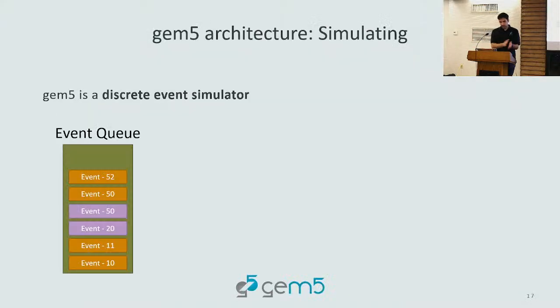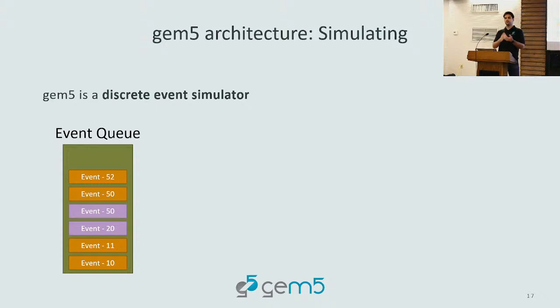As you remember, Jason talked about gem5 being a discrete event simulator. So there are two things that are special about gem5. It has discrete time, and it's event-driven. Events, if I want to give you a high-level understanding of them, are means for you to make function calls in the future.